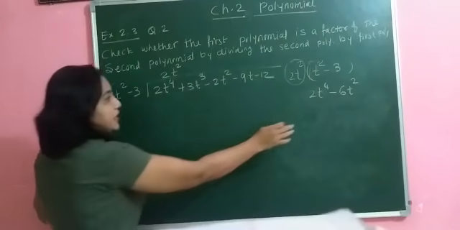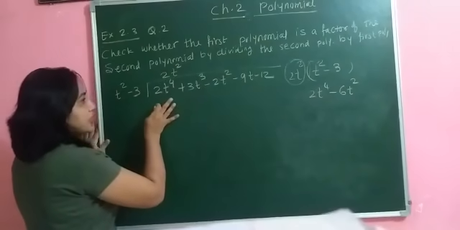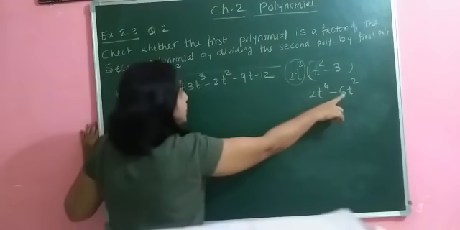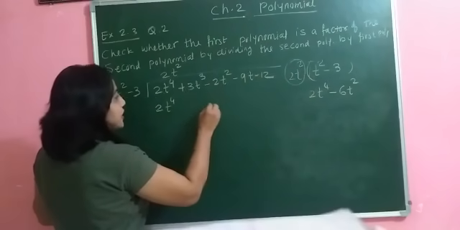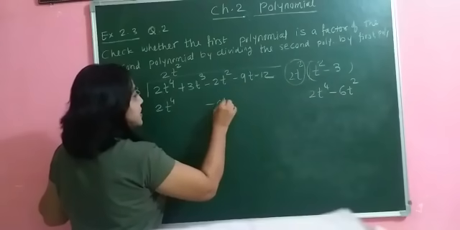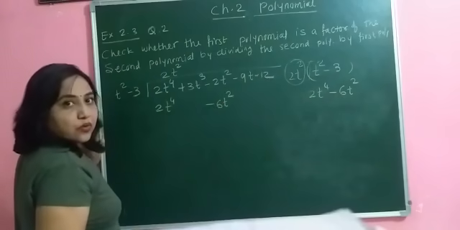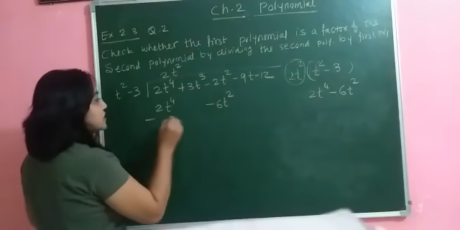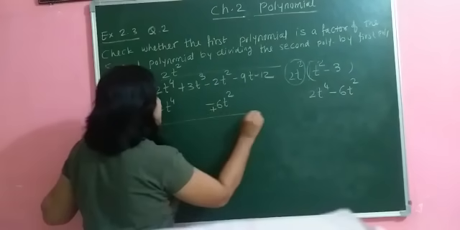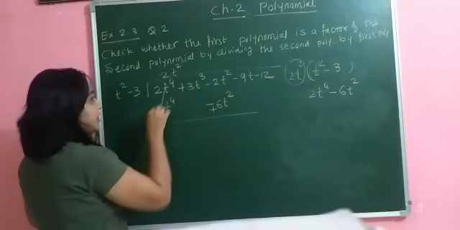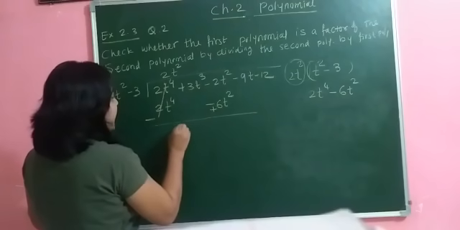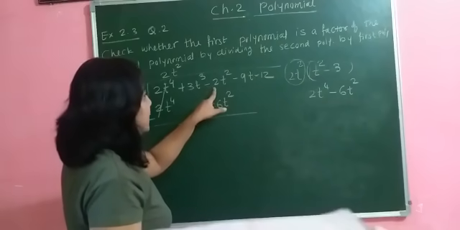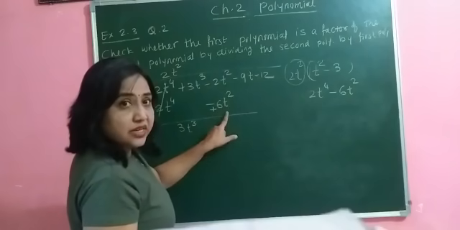So I am writing whatever terms I have here: 2t raised to 4, then I have square term, it is minus 6t square. What is my next step? Change the sign. This is positive, so this is negative. Now consider this sign.